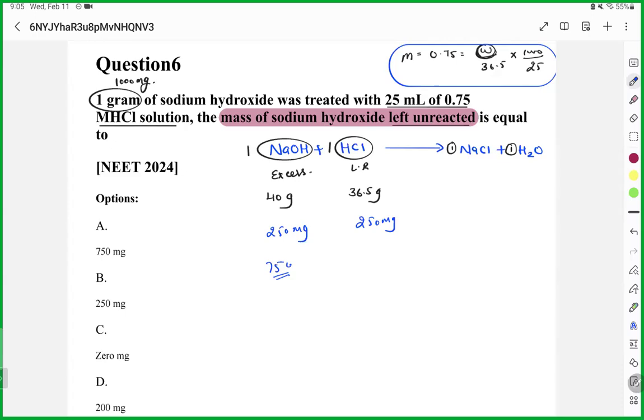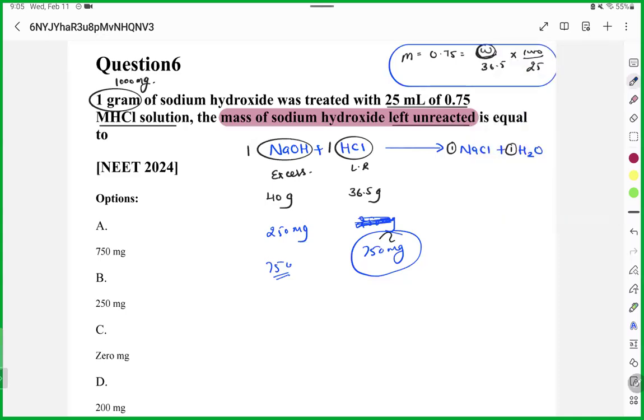So it should be 750 mg then, because I got 250 till this, I didn't do the subtraction from 1000. But I guess if you subtract it, it won't be 250 mg. It should be 750 mg. I guess my calculation was wrong. Yes, your calculation is wrong.